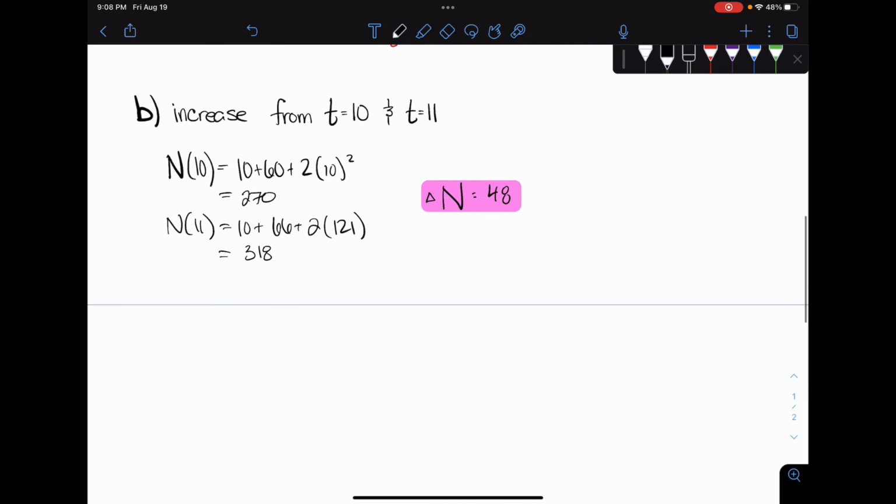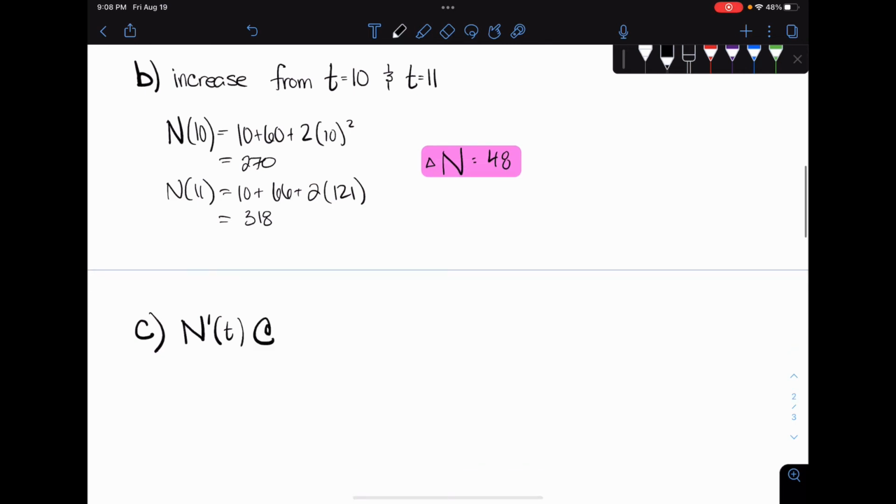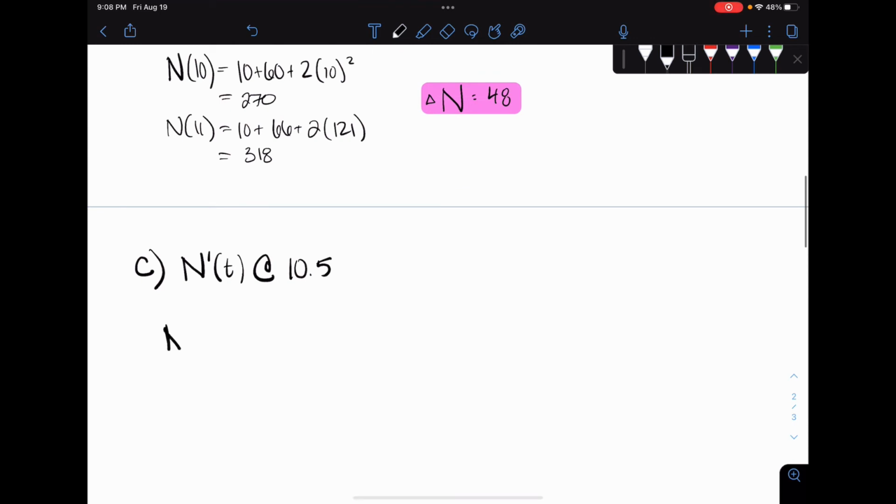For part C, you're being asked to find the rate, which is the first derivative, right? A rate is equivalent to the slope of the original equation in this real life example at 10.5. And again, this is going to be really simple. You're just going to plug in t, 4t plus 6.